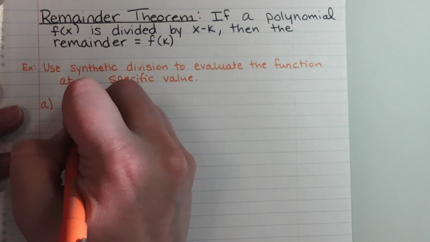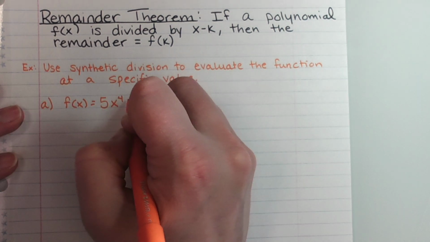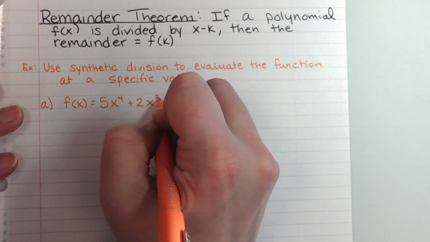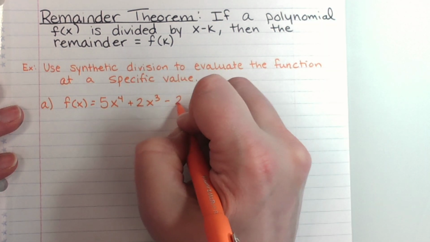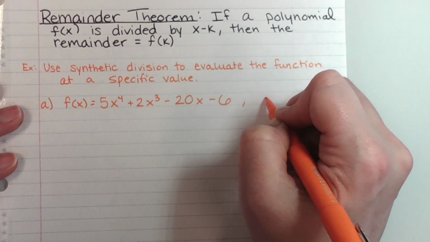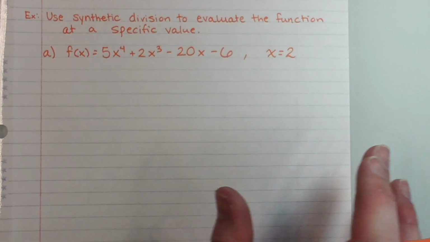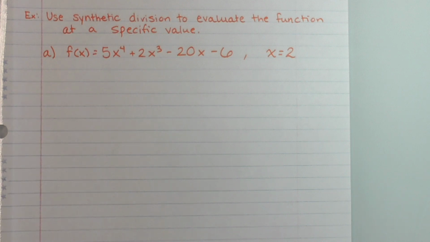So let's say I was given f of x is equal to 5x to the 4th plus 2x cubed minus 20x minus 6, and I want to evaluate that where x is equal to 2.